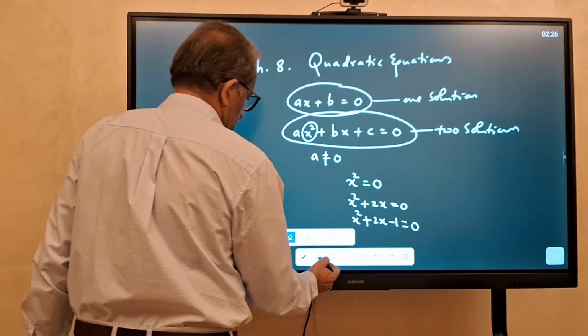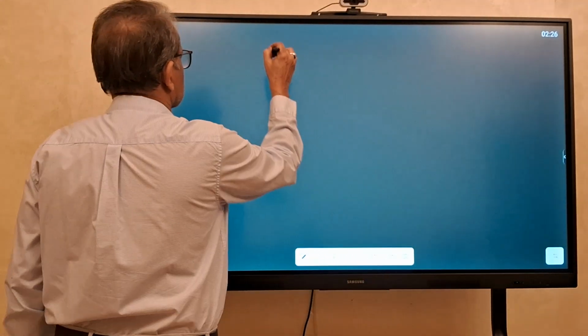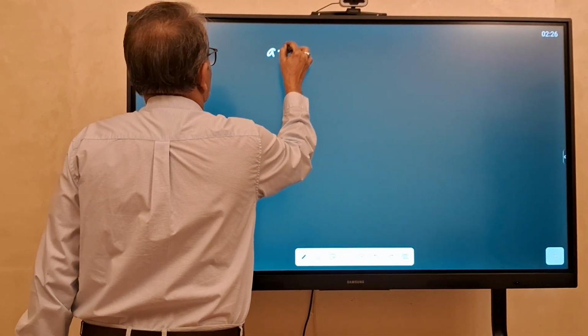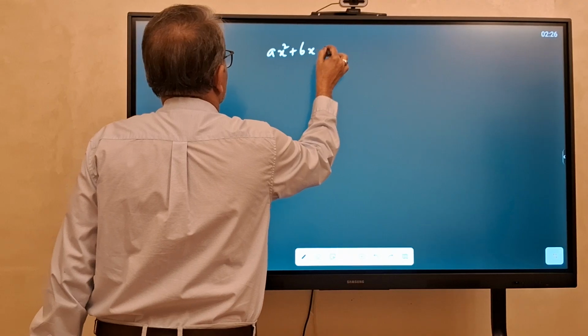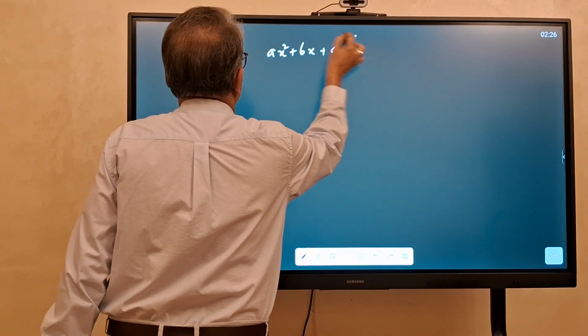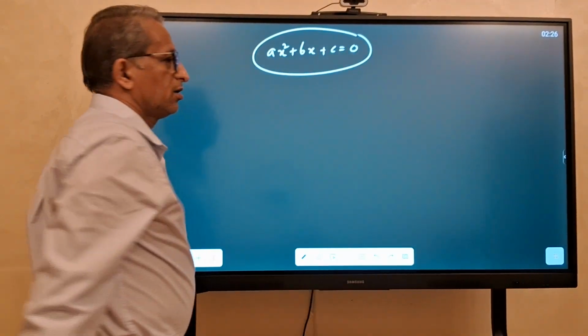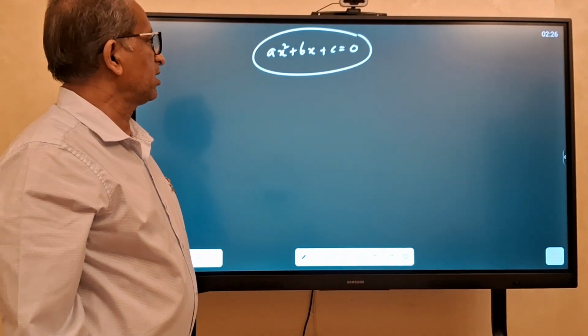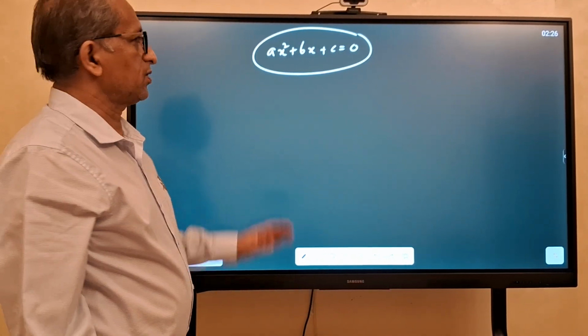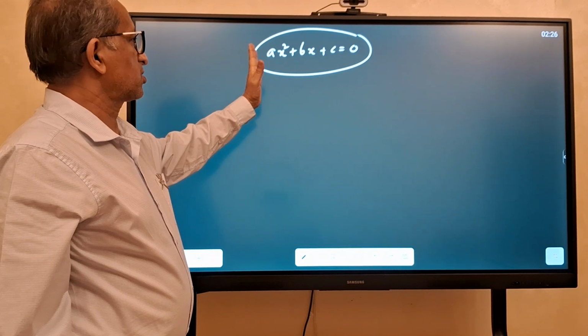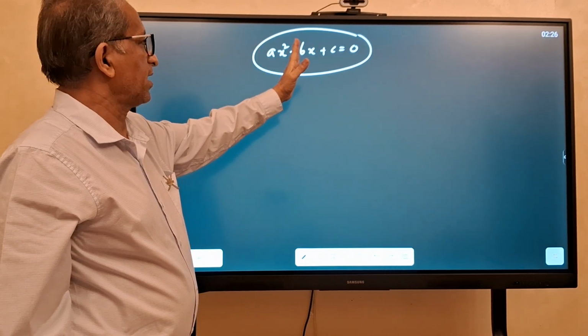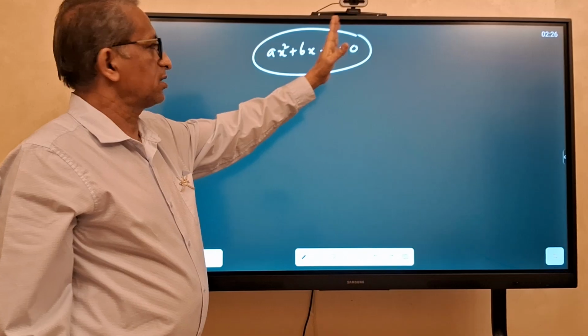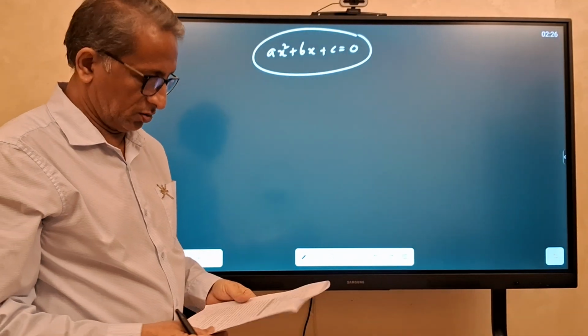But before we come to this, one has to understand that ax square plus bx plus c equal to 0 is the standard form of writing a quadratic equation, where power of x is 2, then x 1, then no x, and the right hand side is 0.